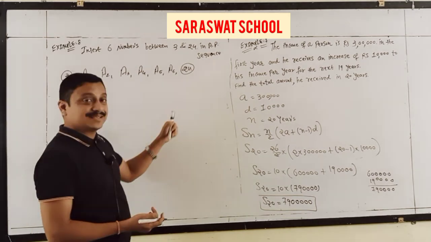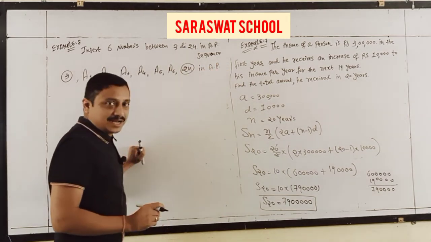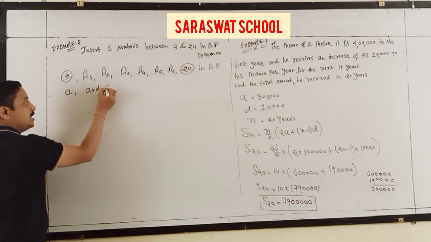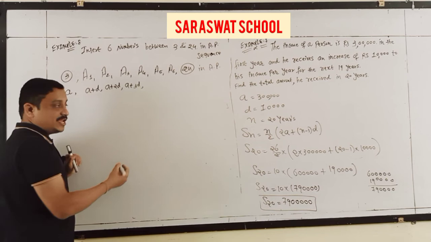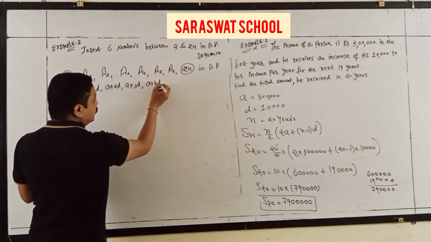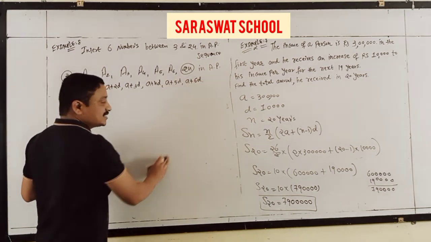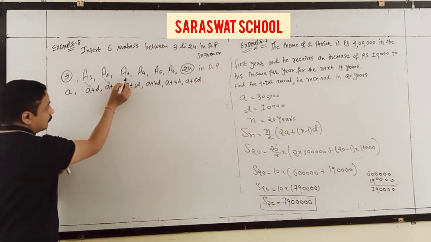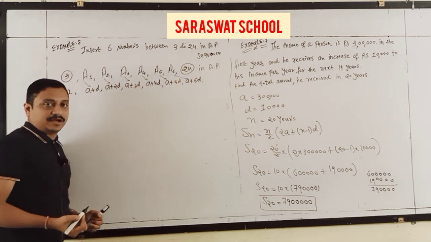Now, students, the general terms are known: a plus d, a plus 2d, a plus 3d, a plus 4d, a plus 5d, a plus 6d, continuing. This is your whole series. I can apply that.